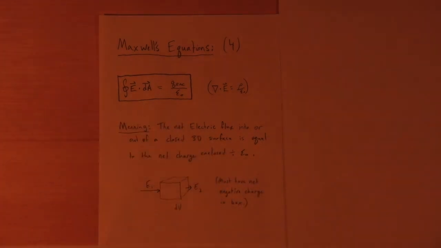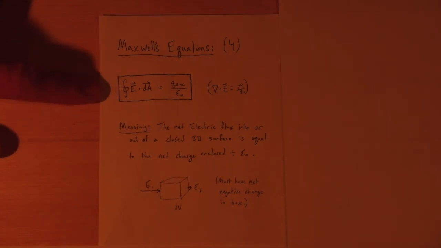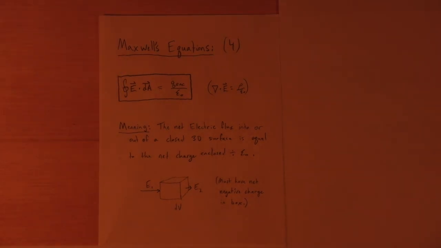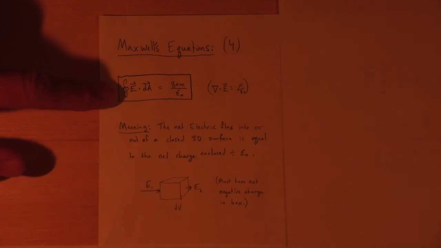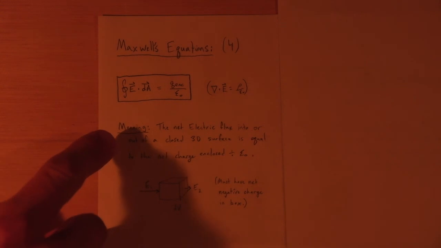So here's Gauss's law, the first equation, and you see it stated in the familiar form with a closed integral E dA equals Q enclosed over epsilon 0. And right here I have something else I'll explain in a minute, but basically the meaning is this.